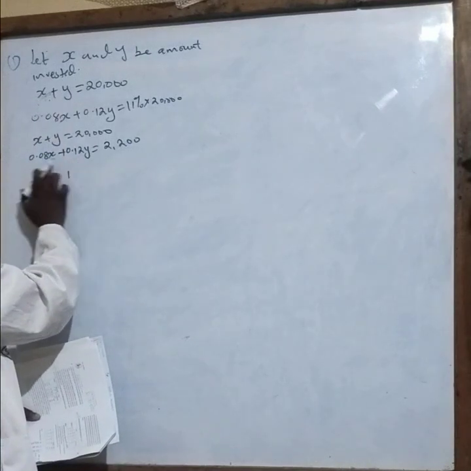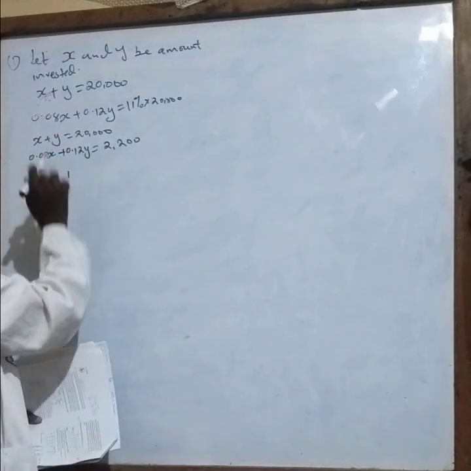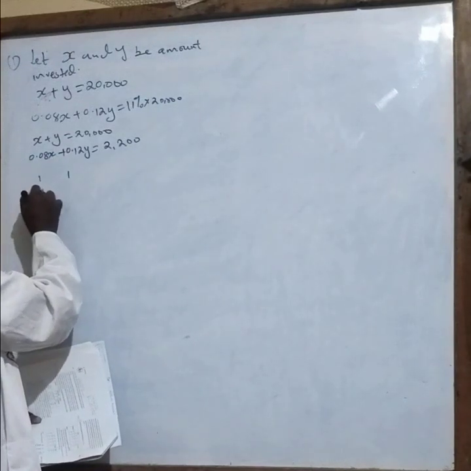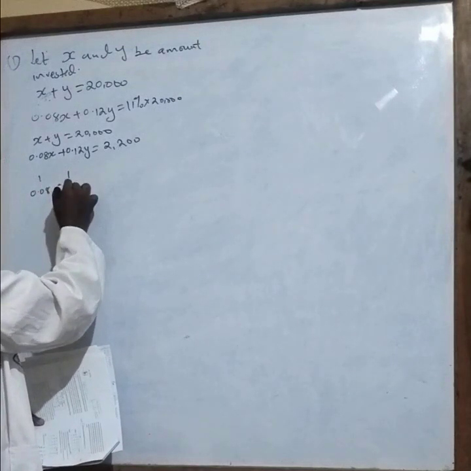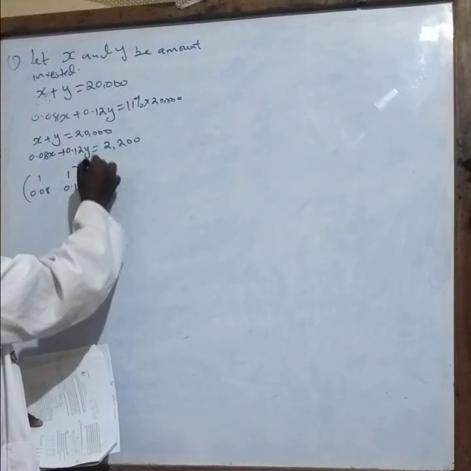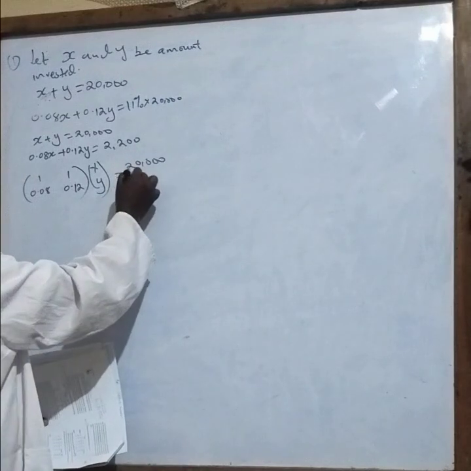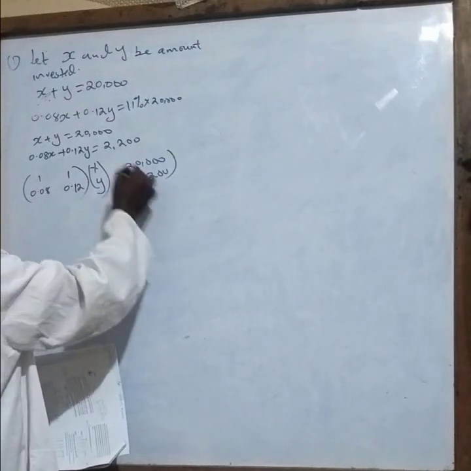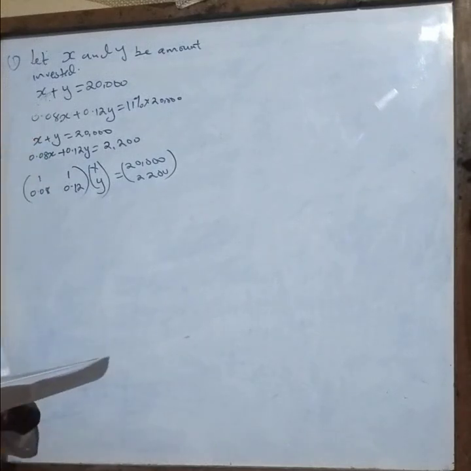Then the second equation is 0.08x plus 0.12y. So our matrix is 0.08, 0.12, then x over y should be equal to 20,000, then 2,200. So this is now a representation of these equations in matrix form.